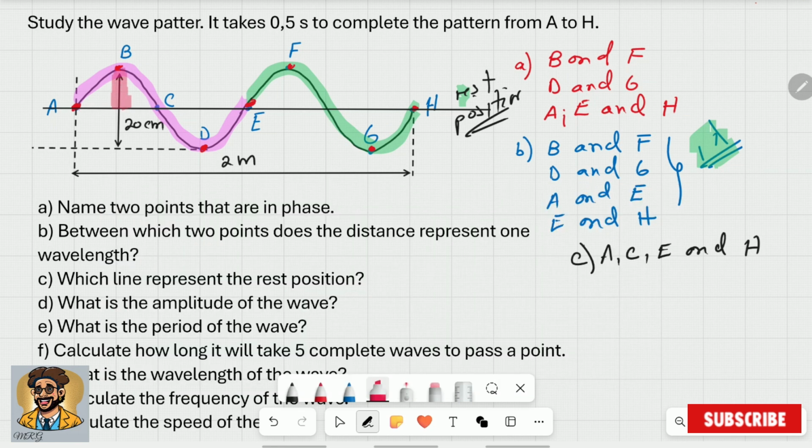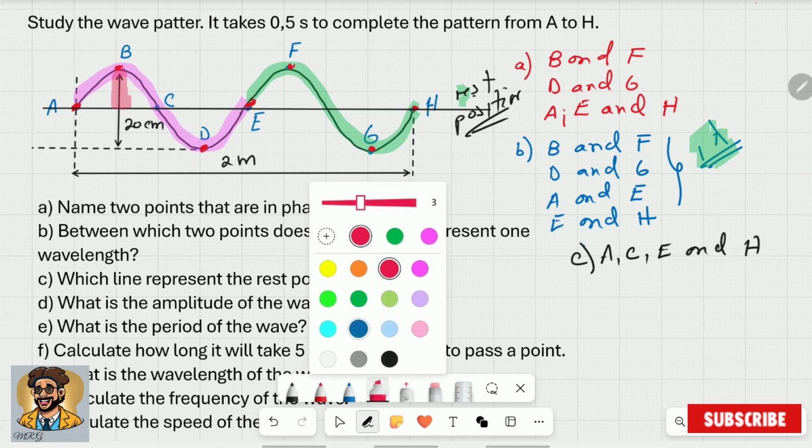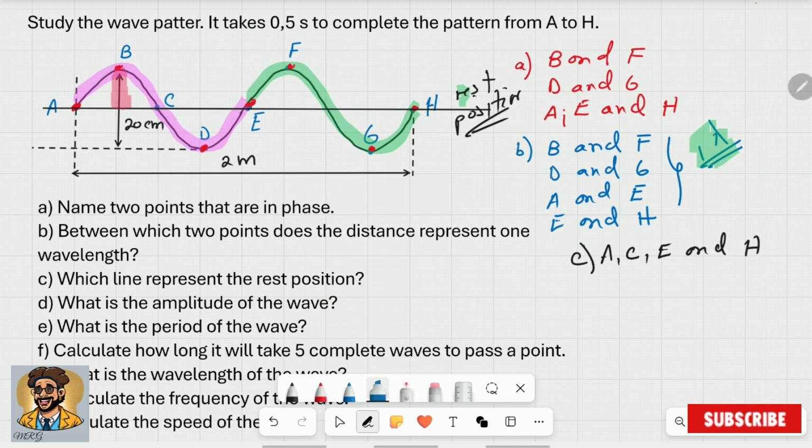That one there is the amplitude. From rest, isn't that line rest? So from rest to crest, or from rest to the trough. So that distance or this distance, that one will represent the amplitude. This here is the amplitude. Do you understand that one?